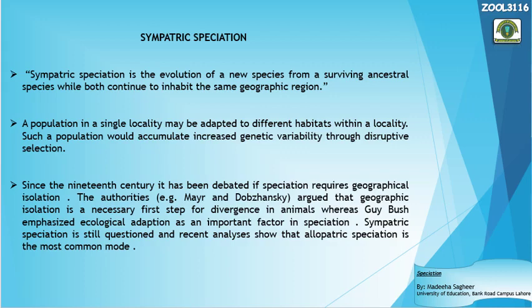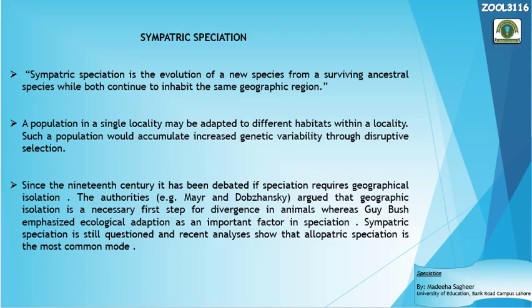In response, they accumulate variability in their genetic material through disruptive selection. Disruptive selection is one of the modes of selection, in which natural selection favors mostly the extreme phenotypic traits, and does not favor the intermediate traits.